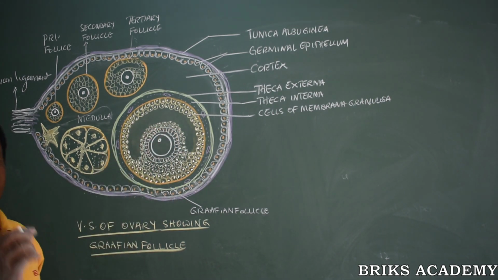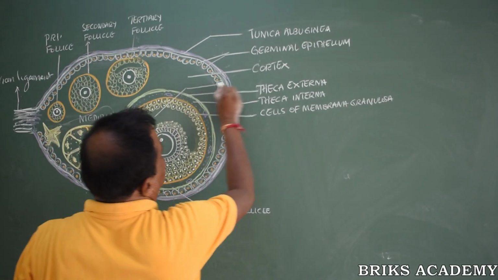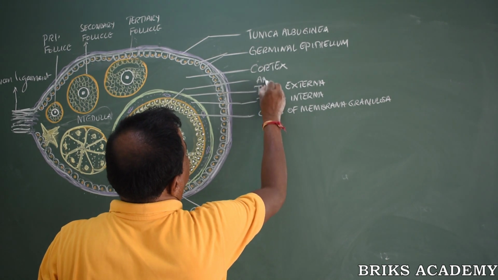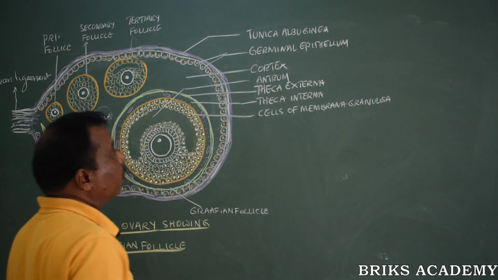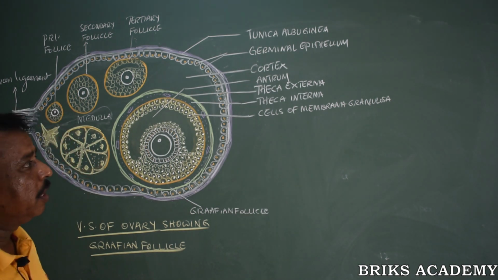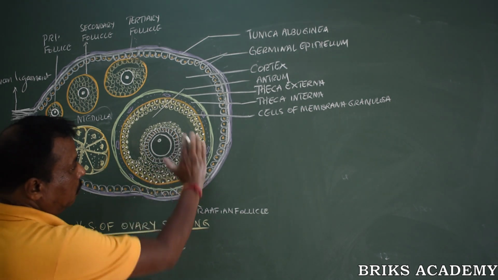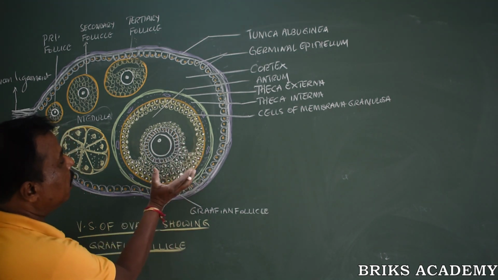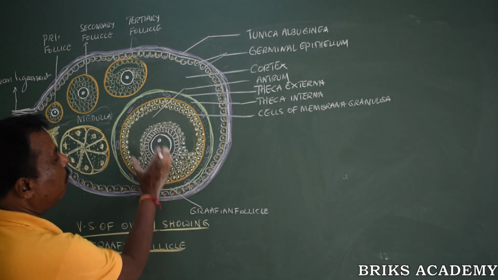This Graafian follicle encloses a cavity called the antrum, also called the antral cavity. The antrum is filled with a fluid called liquor folliculi, also called follicular fluid. Now the cells of the membrana granulosa extend into the antral cavity in the form of a mound of tissue.